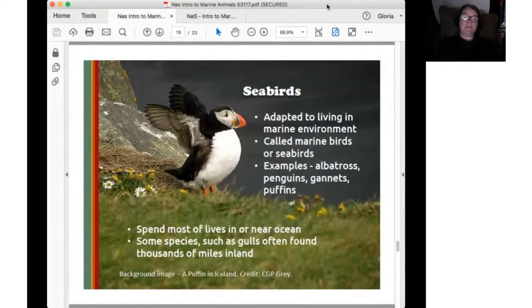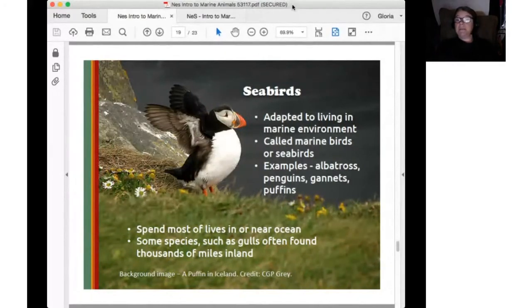They spend most of their lives in or near the ocean. Some species, such as gulls, often are found thousands of miles inland. And yes, that's true. I have seen recently in my travels, sometimes you're allowed to park in Walmart parking lots overnight. That's a famous place for seagulls to gather because people drop food all over the parking lot.